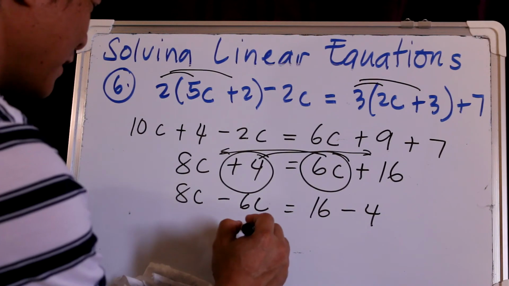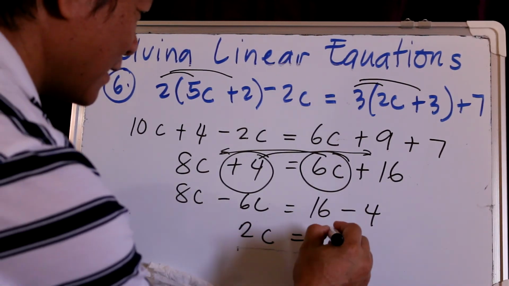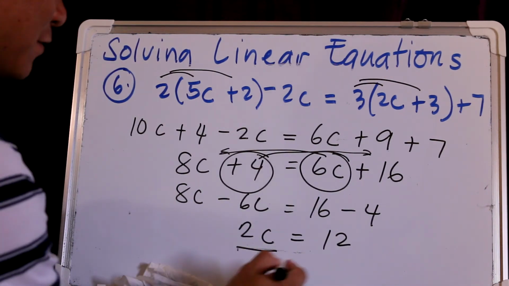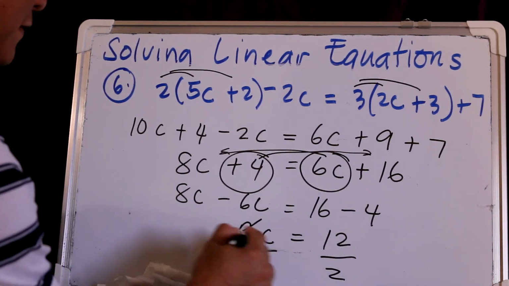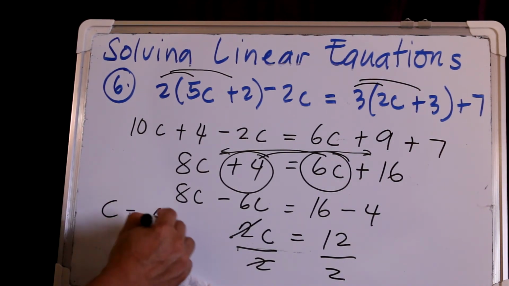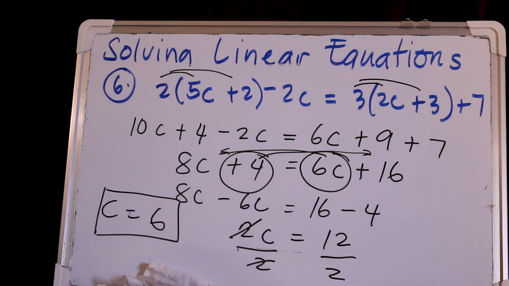Okay, so what is left is 2C and 12. Okay, divided by 2, divided by 2. C is equal to 6. Okay, so this will be our answer now.